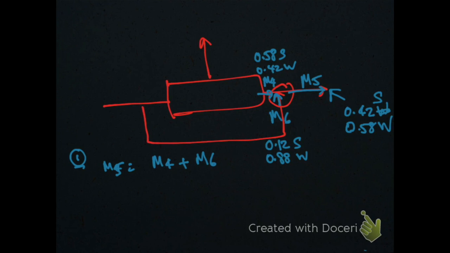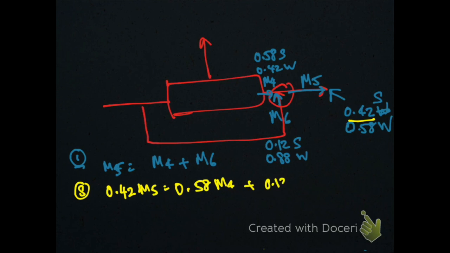Okay, and then what is the next equation? The next equation is with regard to solid. So what can we do for solid? Solid is actually 0.42 M5 equals to 0.58 M4 plus 0.12 M6.